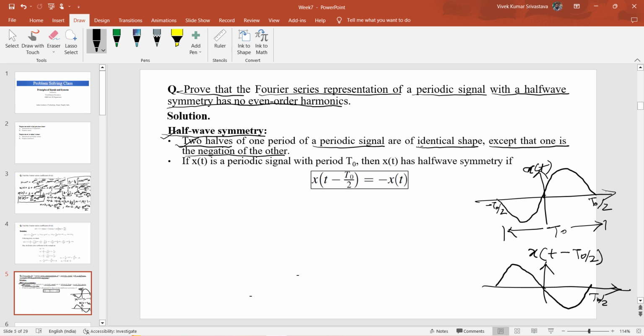Basically you will get this kind of signal once you shift x of t by t naught by 2 towards the right side.